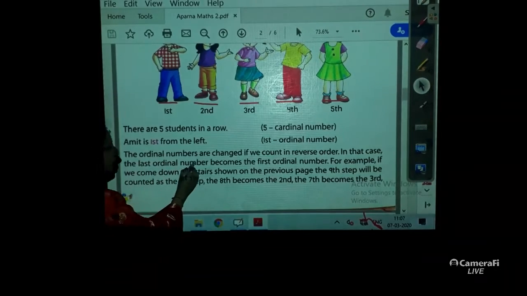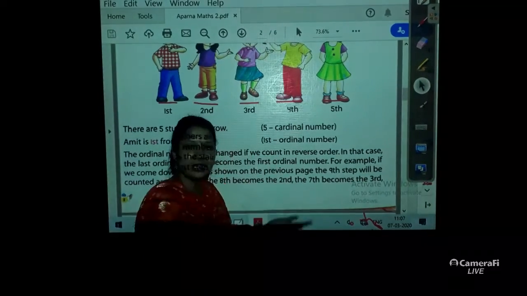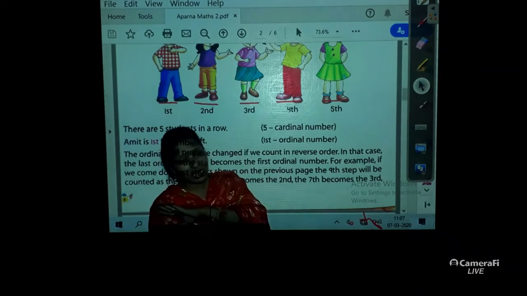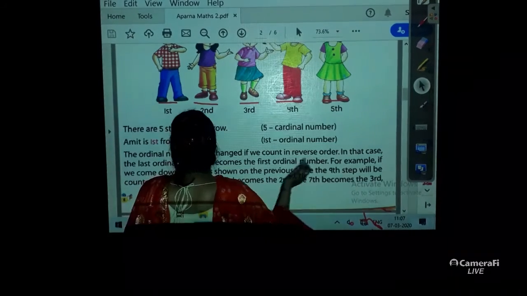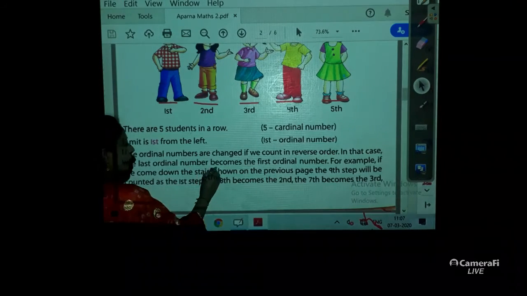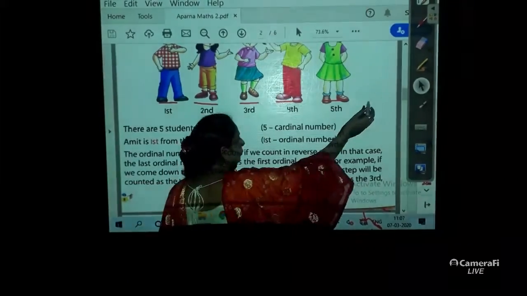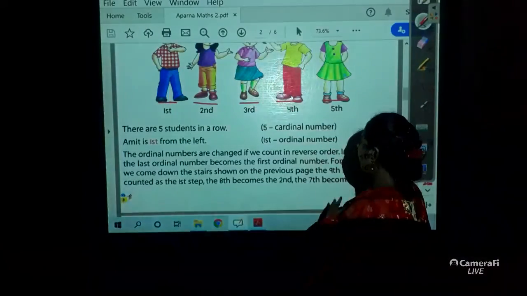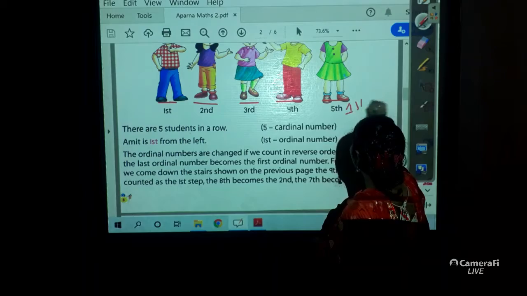Now the ordinal numbers change if we count in reverse order. Just now I explained to you that if I take that from my right side, the things will be totally opposite. In that case the last ordinal number becomes the first. She is fifth; if I change the direction, she will be first.